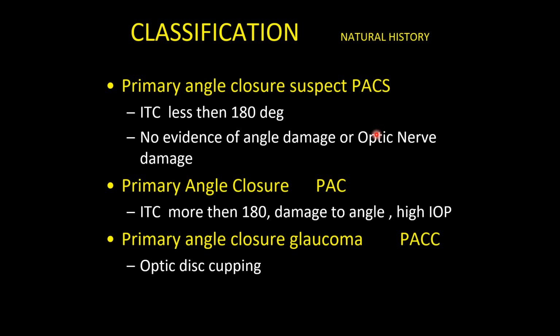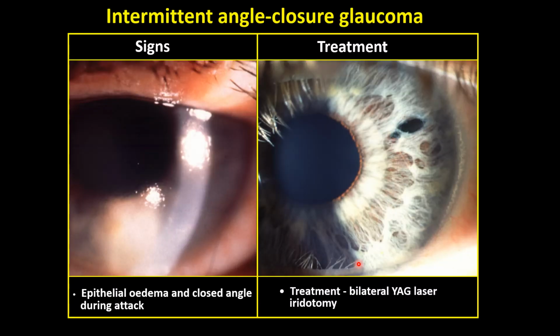In primary angle closure, there is also raised intraocular pressure, and in the third, both things, plus there is cupping of the optic disc. So this is intermittent angle closure glaucoma. During the attack, there is epithelial edema and a closed angle, and after the attack, after bilateral YAG iridotomy is done, or after the attack subsides due to any reason, the cornea becomes clear.